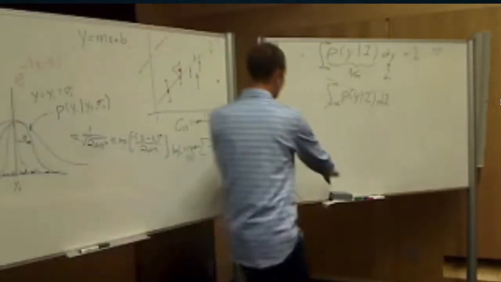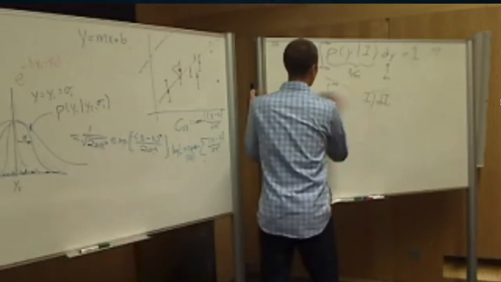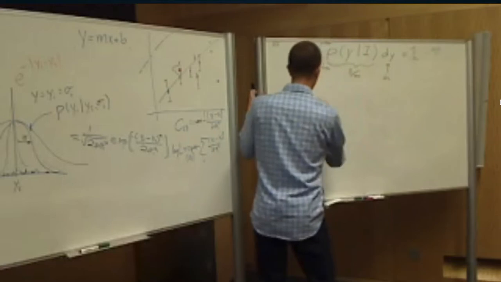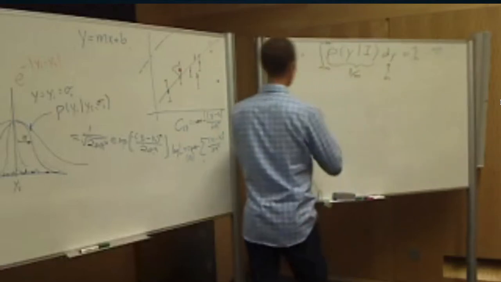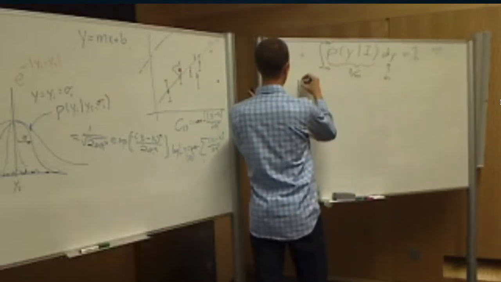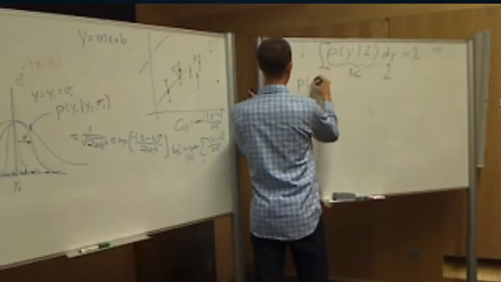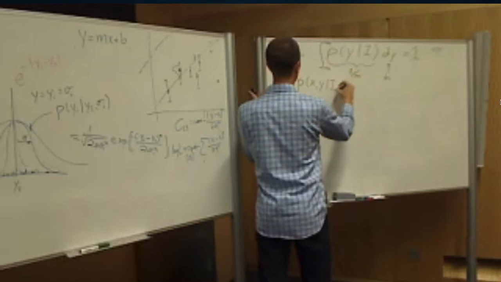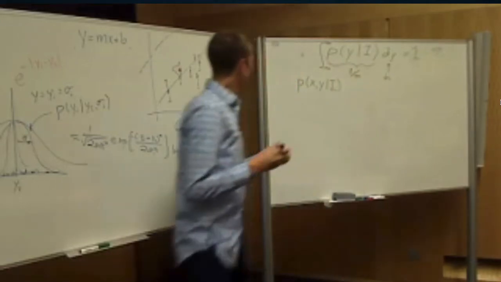Right? So yeah, let's erase this. So this is a probability. And we saw earlier something else, kind of an extension of this: P of x comma y given I. Now, let's think a little bit about what that means.